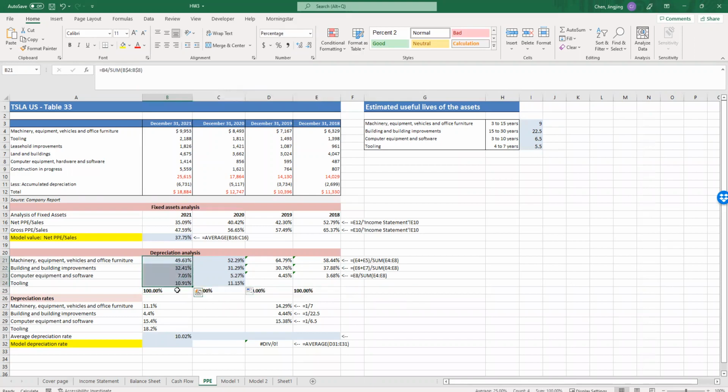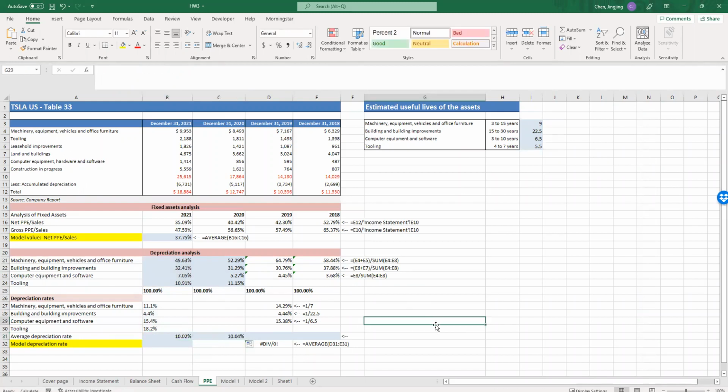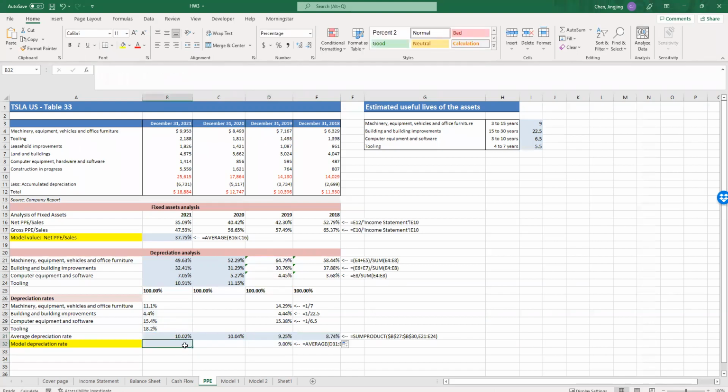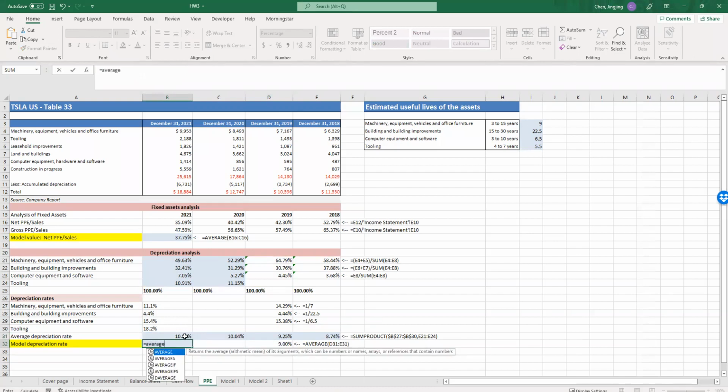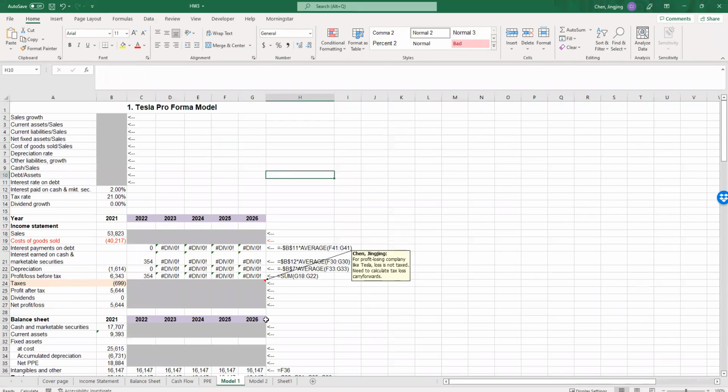If the calculation is correct, adding all of them together should equal 100%. For depreciation rate, we can use the last 2 years average, which wouldn't make any difference because it's just 10%, very stable. And then we can go to model building here.